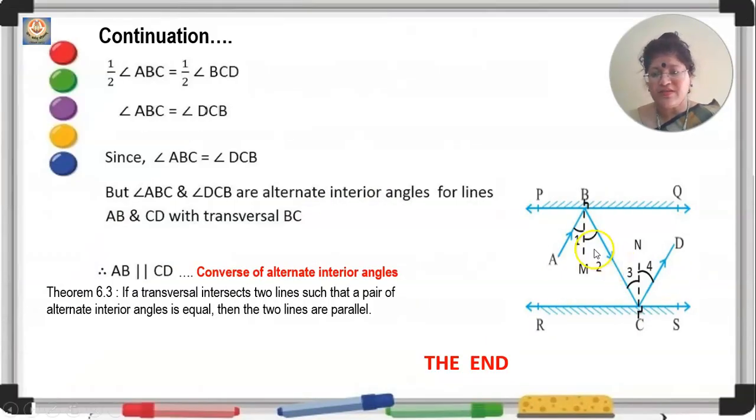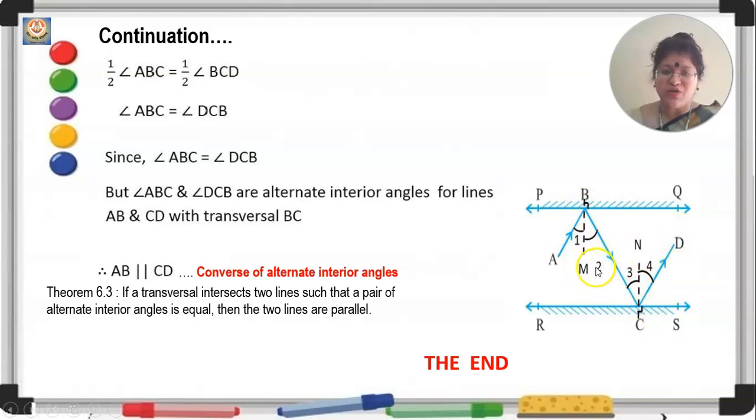Now, we just mentioned that 2 is congruent to 3, right? But this 2, that is angle 2, can I say that angle 2 is half of ABC? Why is 2 half of ABC? Because 1 and 2 both are equal. So 2 is half of ABC and this 3 is half of BCD, right?